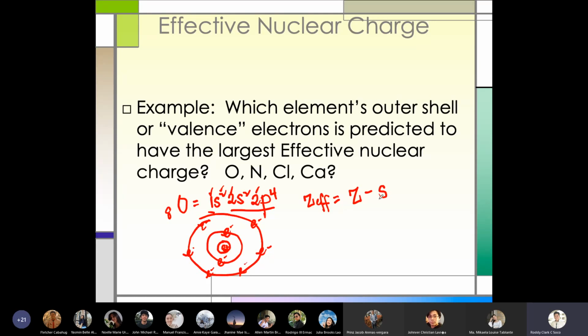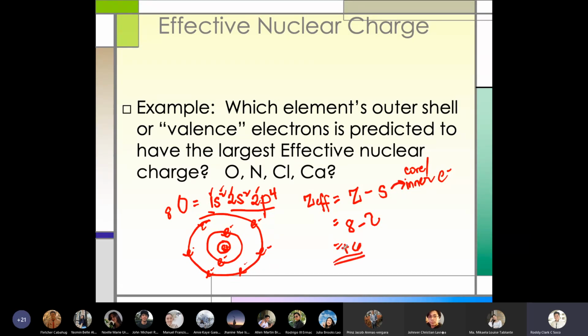When you talk about the screening constant, these are the number of inner electrons or core electrons. Either way, you can call them core or inner electrons. So this one is 8 minus 6. Oh, no. 8 minus the inner electrons, which is 2. Okay, 8 minus 2. So you'll have positive 6.